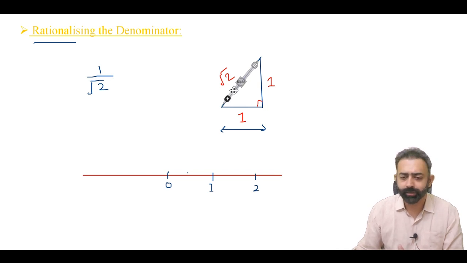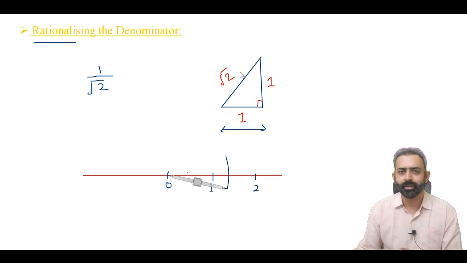And I place the compass, not protractor, at this 0 position, and then I can draw one arc like this. Meaning, whatever is the length of the hypotenuse can be measured.